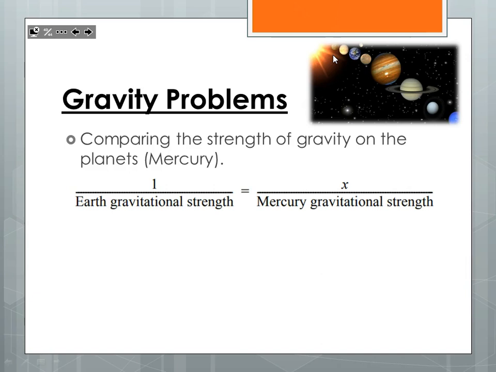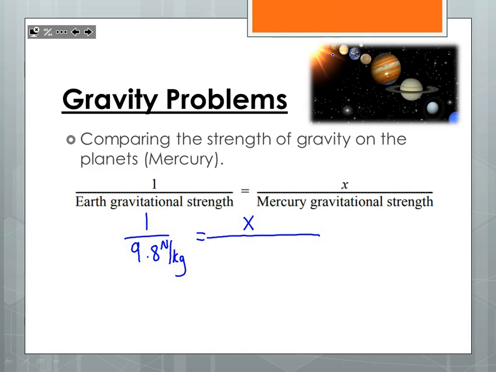So I would set this up saying that 1 is where we're going to begin, over Earth's gravitational strength, which we know is 9.8 newtons per kilogram, and it equals x. X is the variable that we're looking for. Remember, this is algebra.